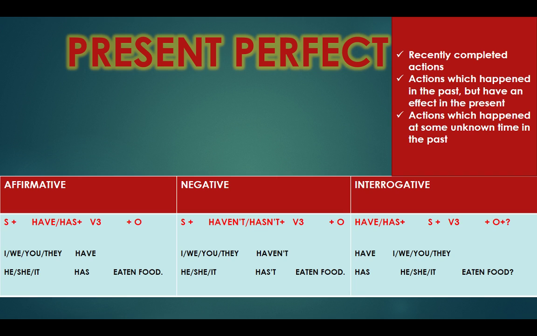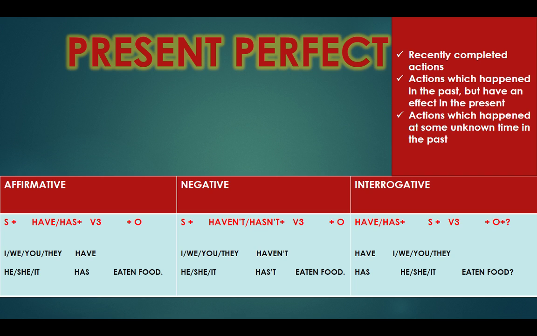Let's deal with number 3, actions which happened at some unknown time in the past. This can be known as an experience as well, like an experience you have had. For example, I ask you a question: have you ever been to London? Have you ever been to Germany? So these are called experiences.